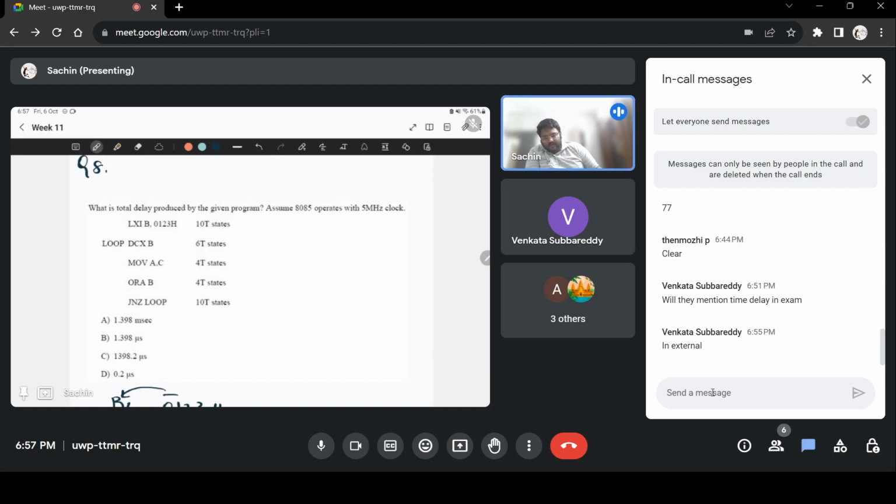I don't know what they will do in the exam. They might give, they might not give. Well, for some simple instructions, you can remember directly: move and OR, they'll take only four. But I don't know. There is no proper method to calculate how many cycles it will take, how many T states it will take.